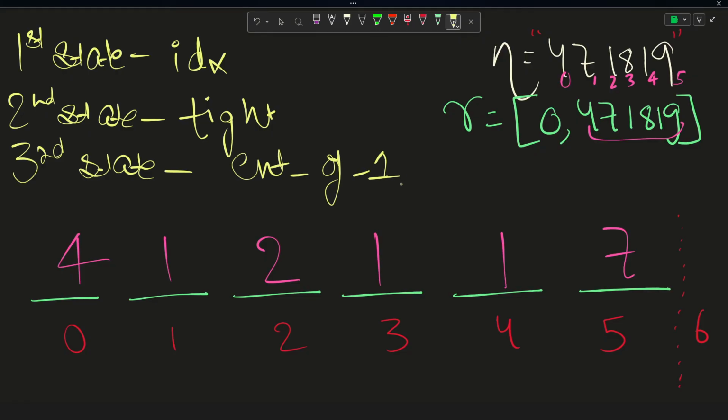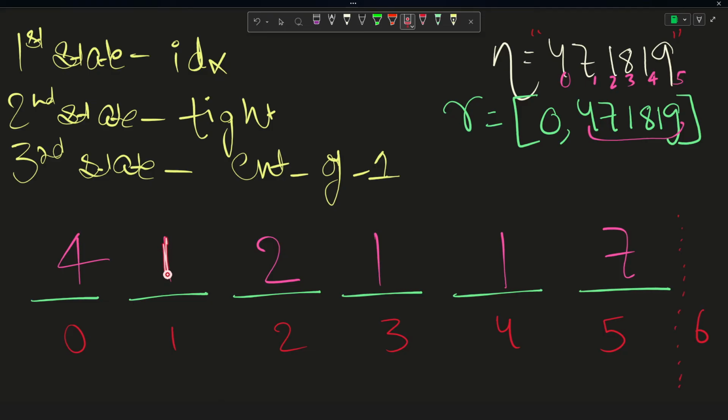We can name it like this because this state will hold the count of 1 at any given time. Suppose we started initially, right? Initially the count of 1 will be 0 obviously, and as soon as we decide the value for this block, since we can choose anything from 0 till 4, here I chose 4, and since 4 is not equal to 1, we will not add +1 to the count, and whatever count value was present before, we will only pass the same thing to the next block.